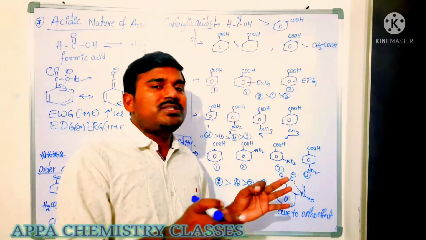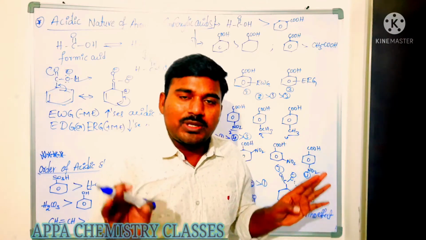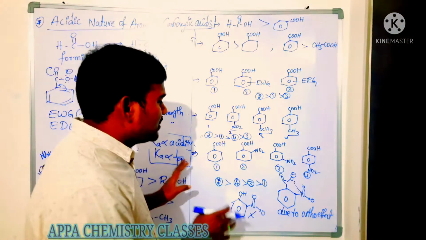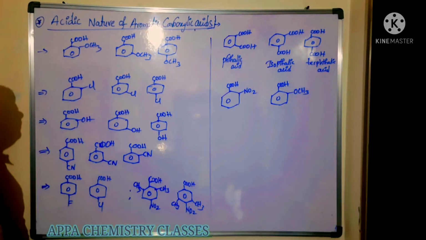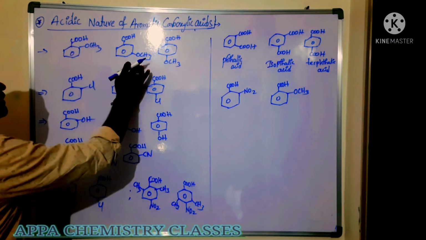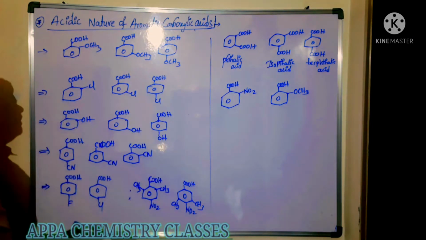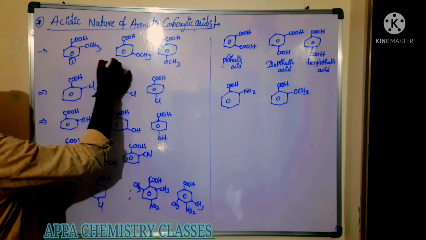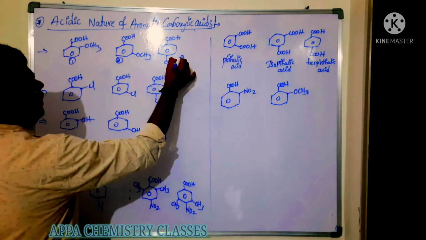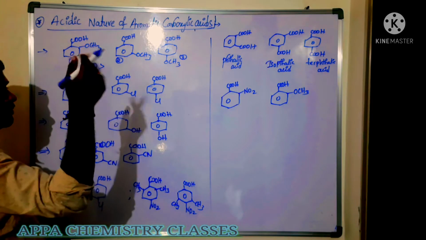So due to all these effects, the ortho substituted benzoic acids are more acidic. Is that clear? We'll see some more examples. Next example. Here we have orthomethoxybenzoic acid, metamethoxybenzoic acid, paramethoxybenzoic acid. Among these, simply what I said here, ortho substituted benzoic acid is more acidic, whatever the group it may be.